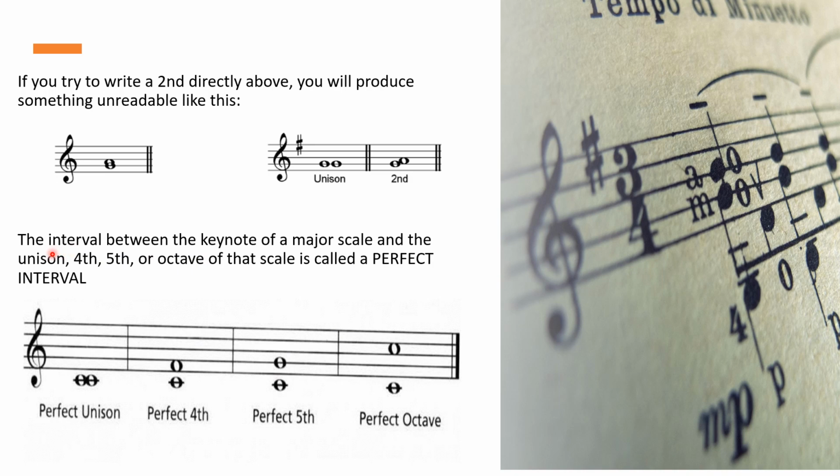Another dicey one here is the interval between the key notes of a major scale and the unison, the fourth, the fifth, or octave of that scale, which is called a perfect interval. Like I said, this could be a little conflicting to explain, but just have it at the back of your mind that unison is perfect, fourth interval is perfect, fifth interval is perfect, and the octave, which is the eighth, is also perfect.